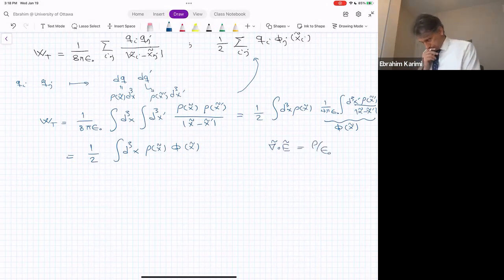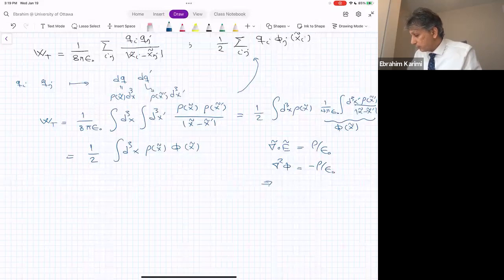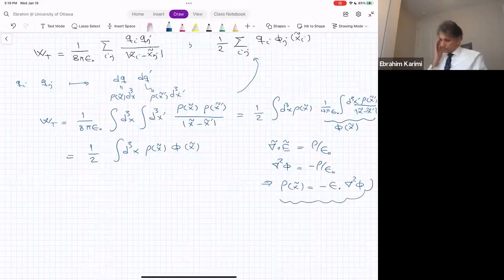And the Laplacian of phi is given by minus rho divided by epsilon naught. From here, I find that rho of x is essentially minus epsilon 0 times the Laplacian of phi. Good?